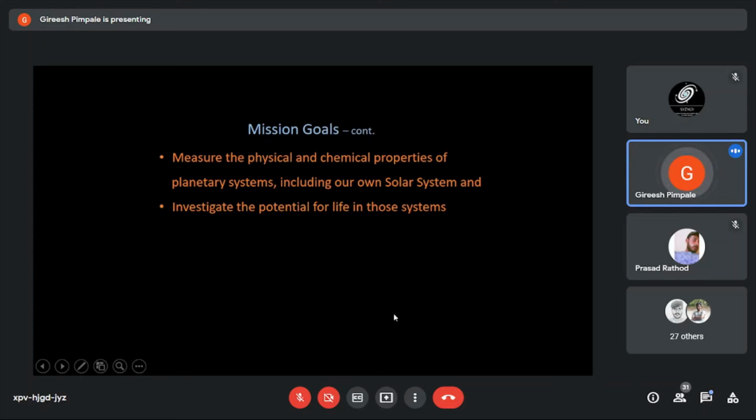So far, we don't have any concrete evidence about life on other planets. But with the advent of this James Webb Telescope, scientists are hopeful that we will get some clue as far as extraterrestrial life is concerned.